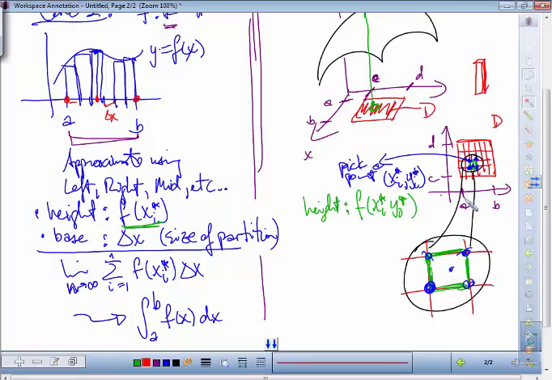So if we partition the x with the size of delta x, and partition the y with the size of delta y, then that's the area of the base that we're looking at. It's going to be delta x times delta y.